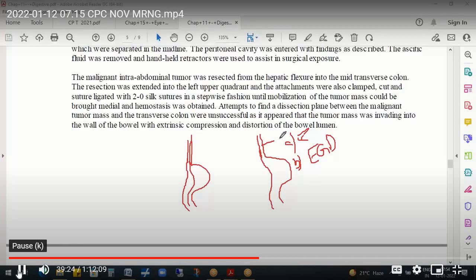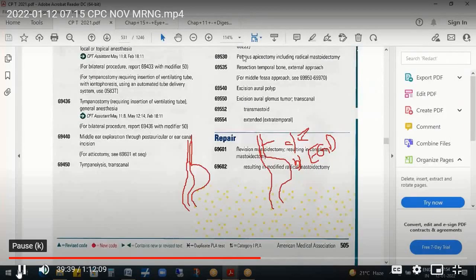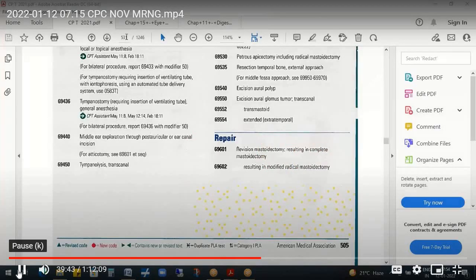Now, EGD, the other name is upper GI endoscopy. For EGD, the other name is upper GI endoscopy.